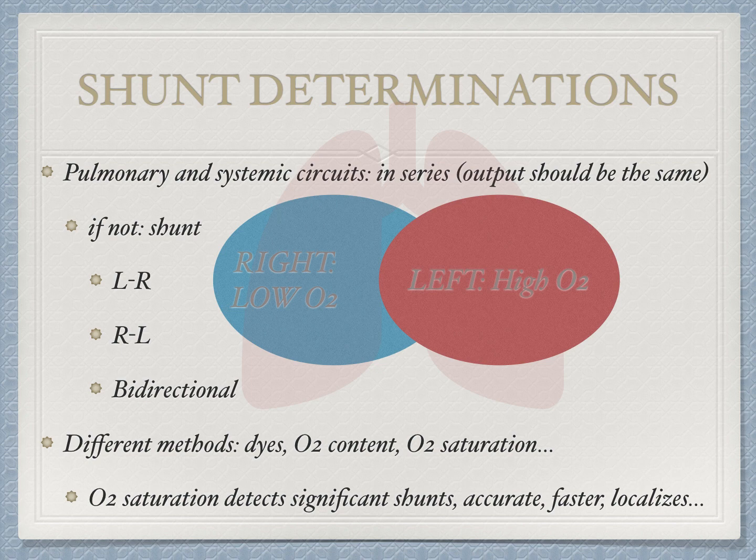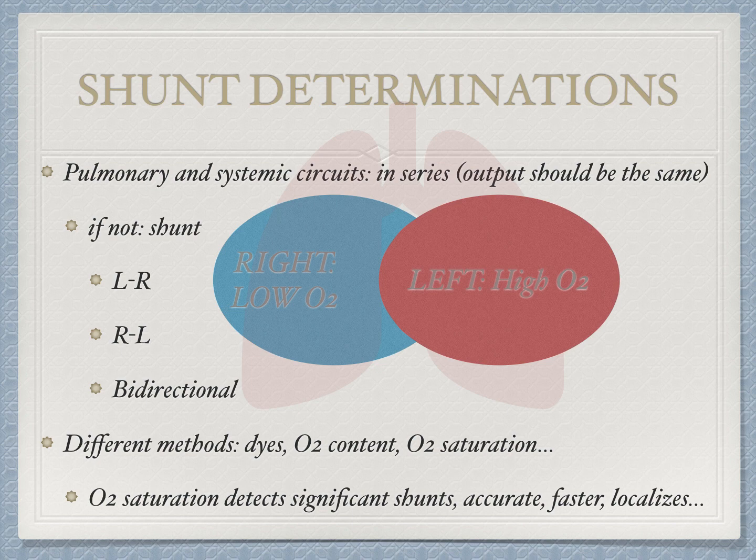So a shunt is when there's an alteration in the pulmonary or the systemic flow. Remember that pulmonary and systemic flows are in circuit. It's like a choo-choo train. The choo-choo train passes first through the lungs and then comes into the heart and then goes out the heart to the systemic system.